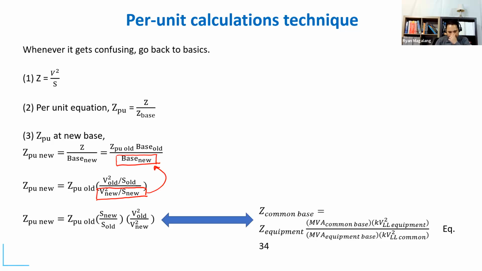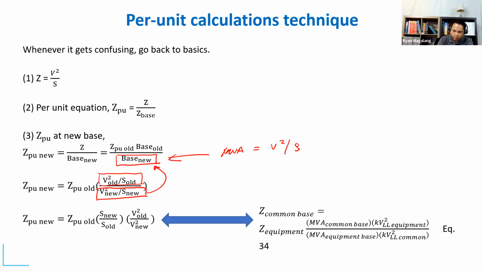So this is your Z base, which is essentially equal to V squared over S. So that's why we have that, and same thing for the one here up top.